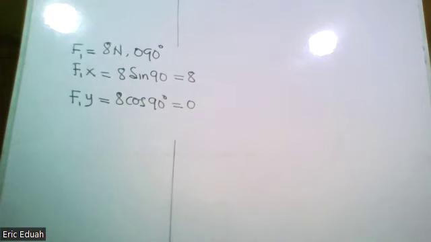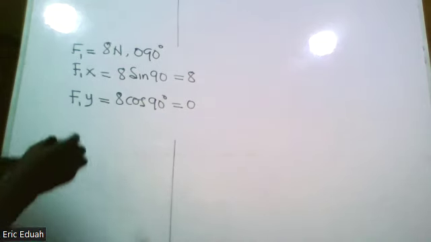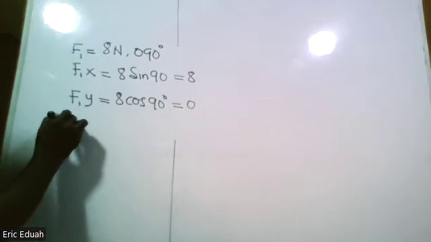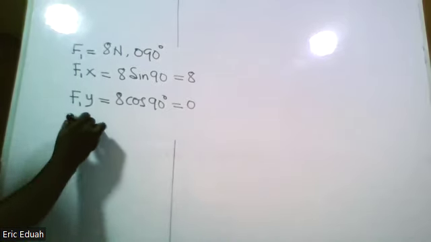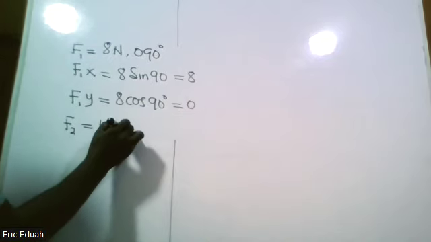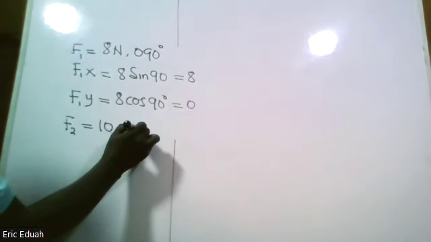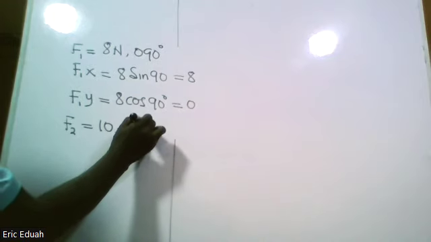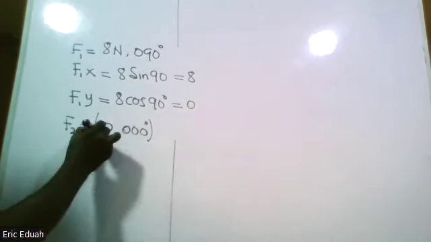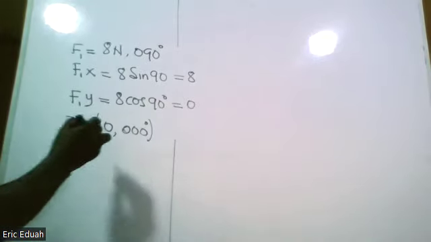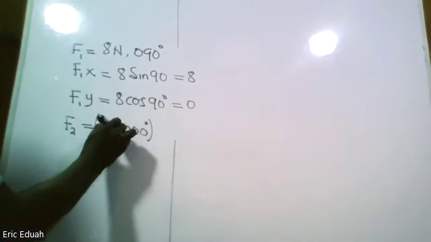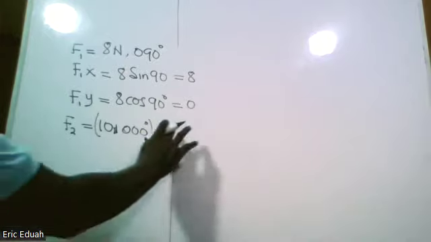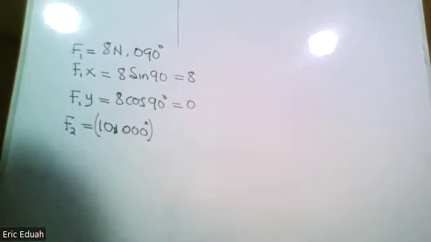Then F2 is equal to 10 acting at 000. In bearings, we usually represent the angle in 3 digits. So 10 Newton acting at 0, meaning it makes an angle of 0 degrees with the y.